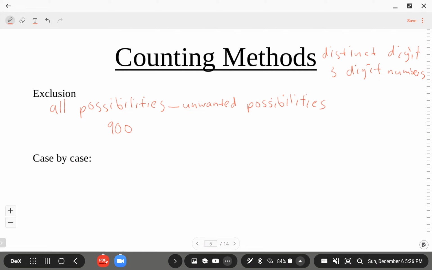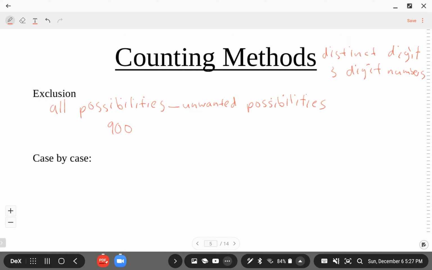And right now you can probably see that exclusion is not very efficient because we need to find all the unwanted possibilities. But you get the idea. Exclusion is all the possibilities minus the unwanted possibilities.